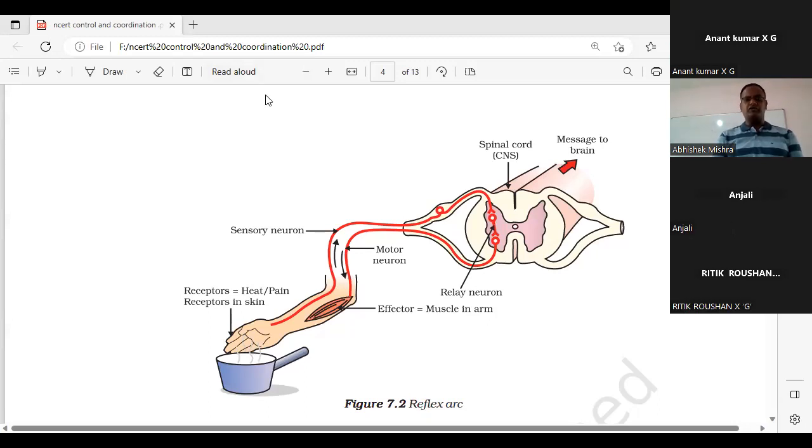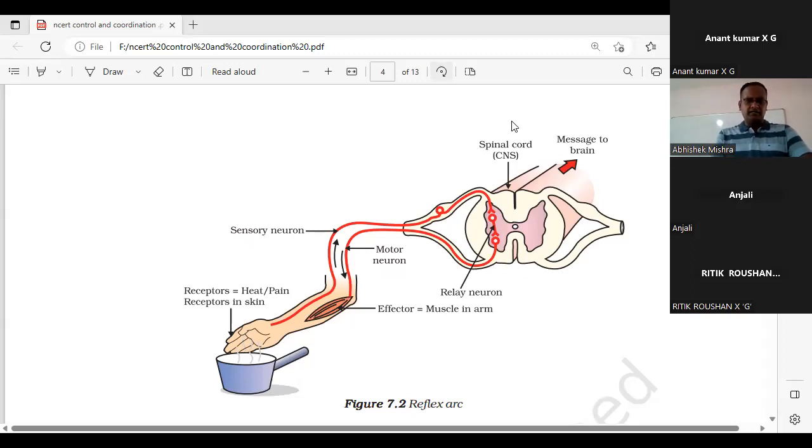Motor neuron. Very good. Okay, Anant, then the concluding question also you answer. What is the name of the neuron that connects motor neuron and sensory neuron? Sir, relay neuron. Very good. Correct.